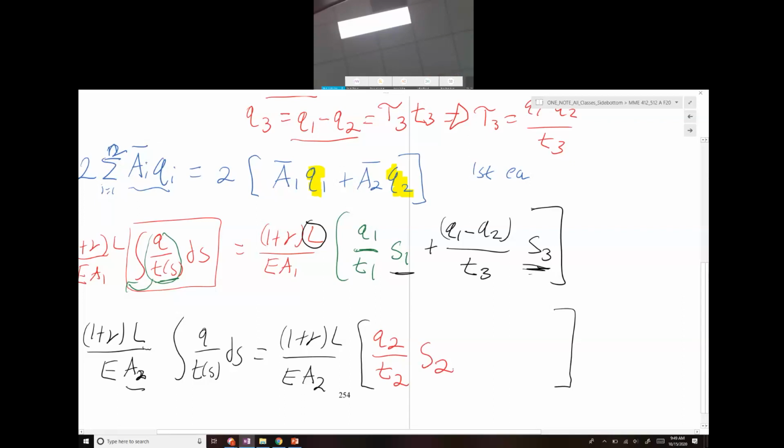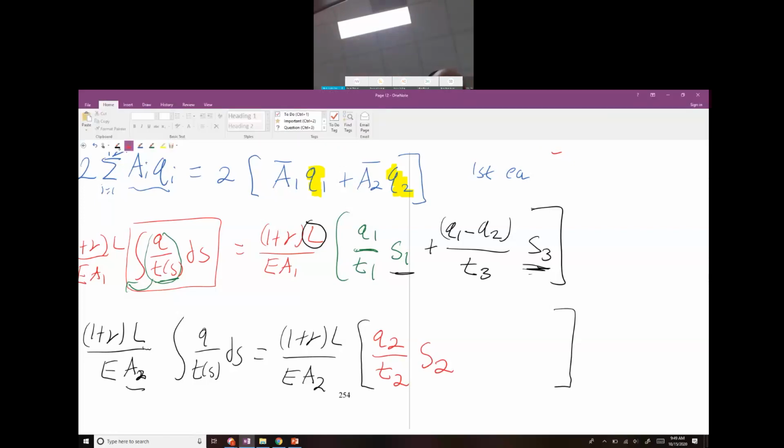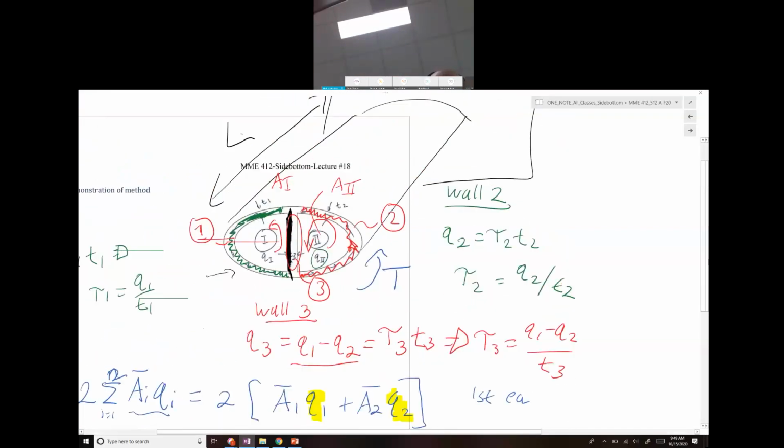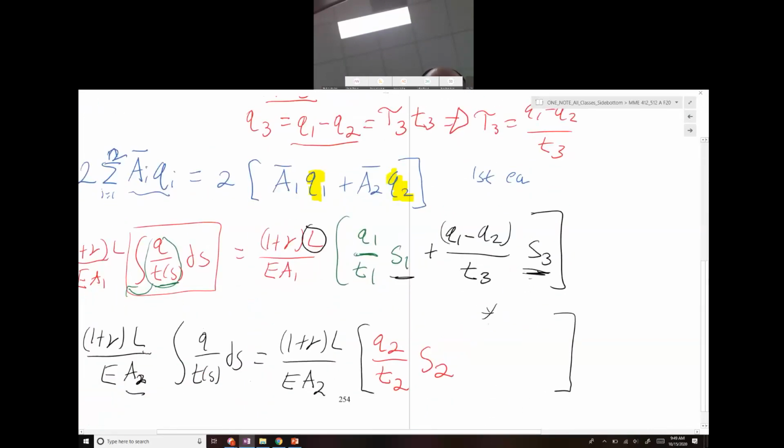Then within the other part of our section, the black part, or the center part of the section here, what we're going to do is we're going to have Q2 minus Q1 over T3 S3.